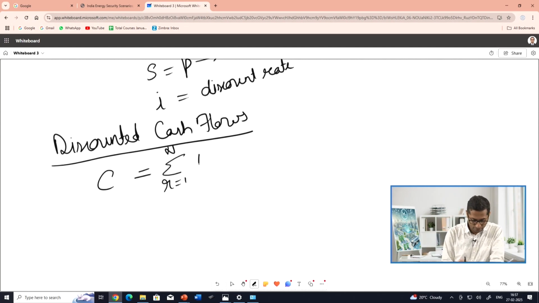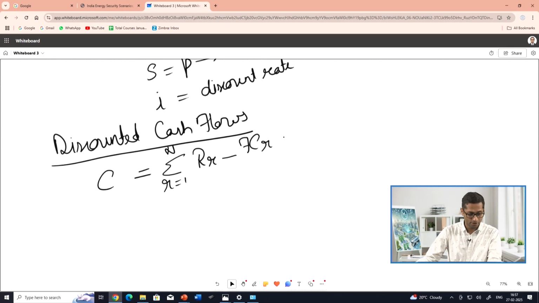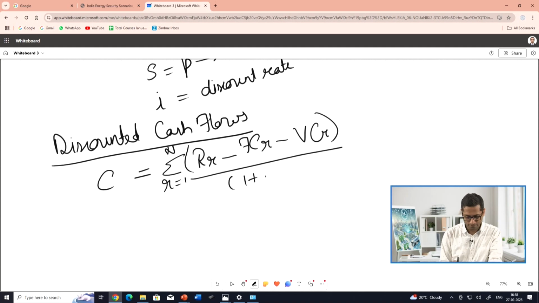Then we have the revenue for a particular year R. Subtracting from that is the fixed cost for the year R, and then the variable cost for the year R, and all this is divided by 1 plus I raised to the power R, where R varies from 1 to N.